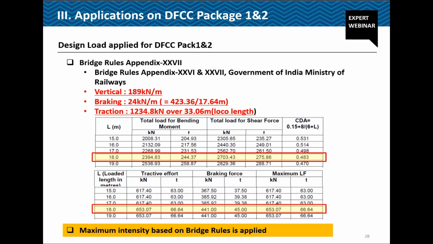Whatever the 5 combinations are, they have considered the worst case. So this is the loading condition for a specific small 80 meter span length bridge. Also, the traction and braking force are calculated based on this. For example, if it is 50 meter, 617 is the maximum tractive force, whereas for 80 meter, it is 653, like that. I was not familiar with this table, but I studied it.